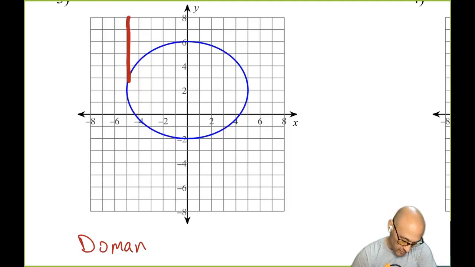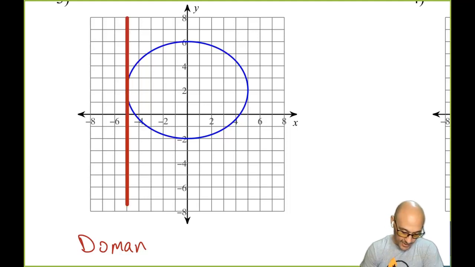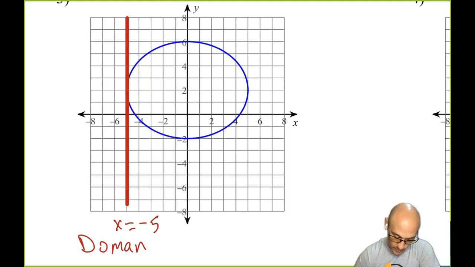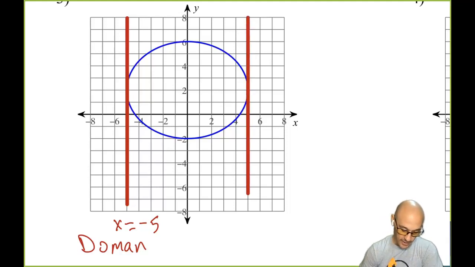Notice that this right here, the line is x equals -5. And then here, the line is x equals +5.